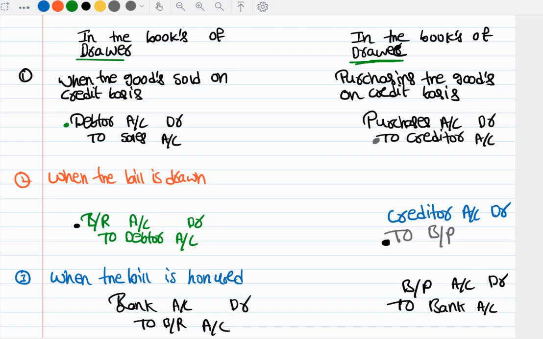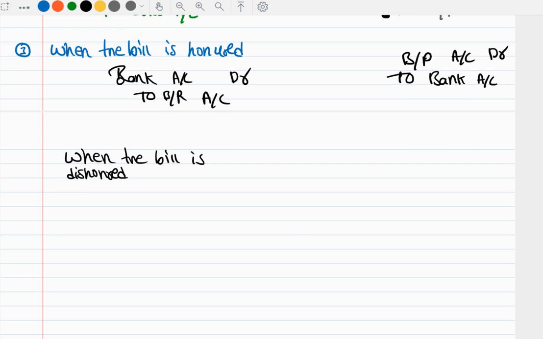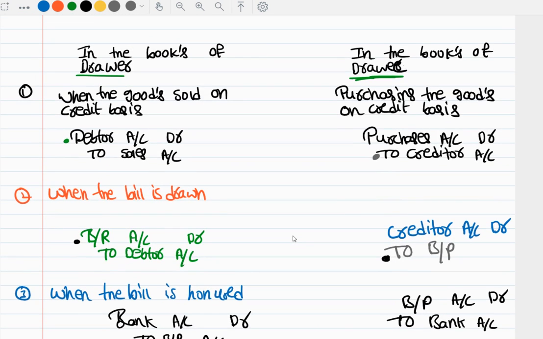Okay, so what happens when the bill is dishonored? When the bill is dishonored, we need to make him debtor again. See here, when we have drawn a bill, we have cancelled the debtor by writing on the credit side, right?